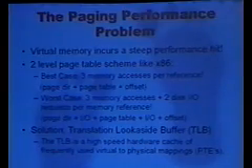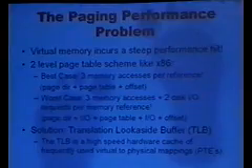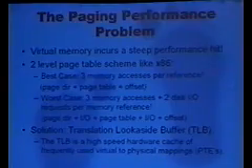So hardware designers developed a solution that helps to mitigate this intrinsic problem with paging, and that solution was the translation look-aside buffer. The TLB is a high-speed cache of frequently used virtual to physical address mappings.